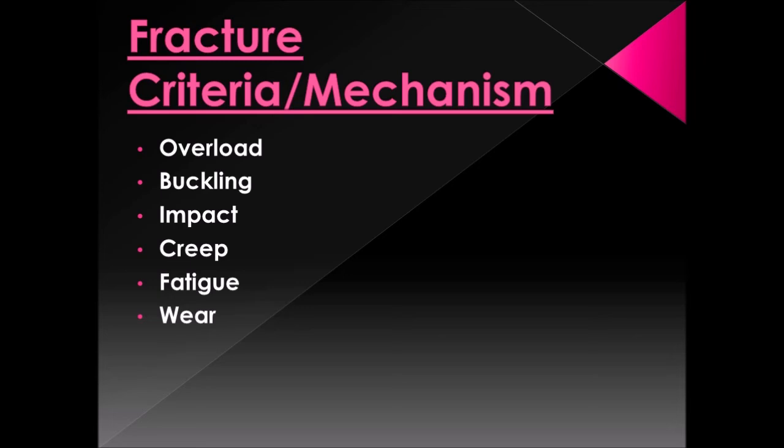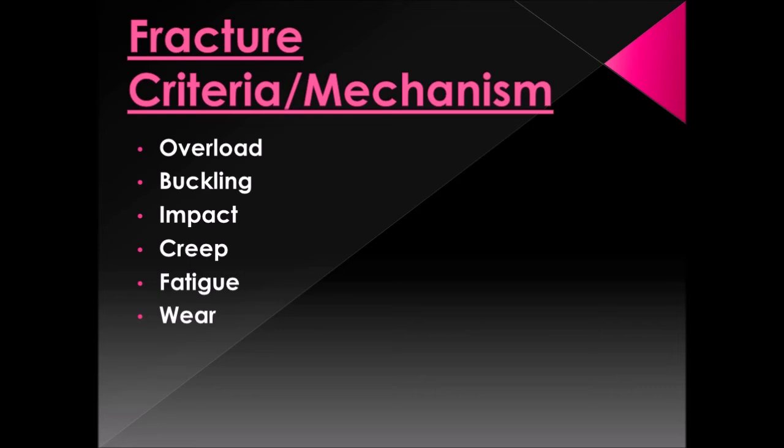Because as we have studied in our load deformation curve, after the plastic deformation range, when the bone reaches its ultimate failure point C, it will fracture or go into failure. So what are the mechanisms and criteria that lead to the fracture of the bone?